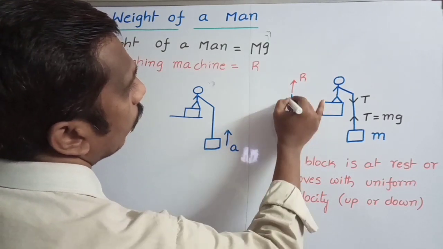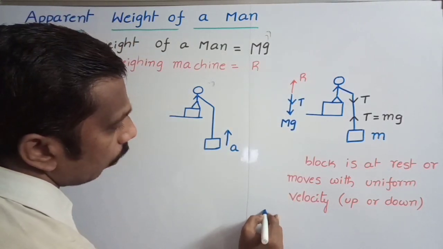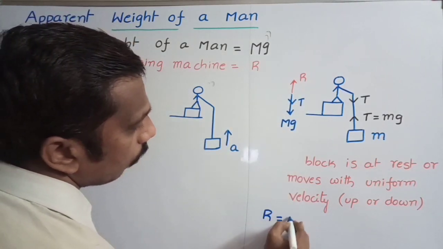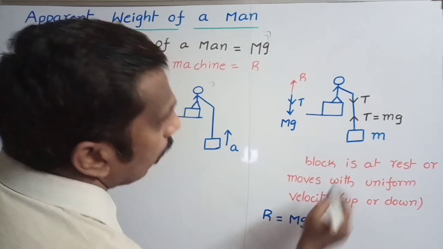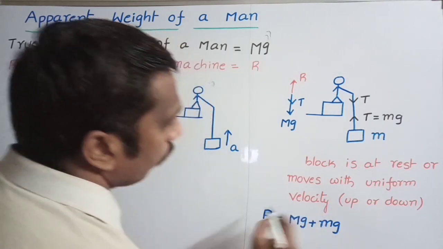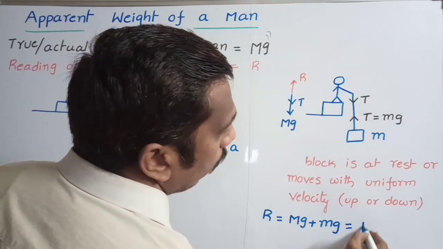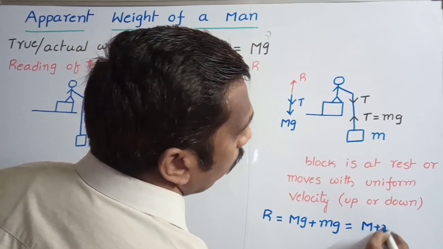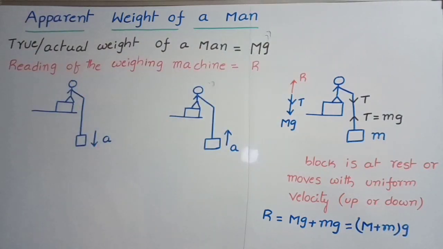In this case, reading R is equal to capital Mg plus tension T, which is small mg. So this is the reading. If you take g common, we get capital M plus small m times g. In this case, the apparent weight is more than the true or actual weight of the person.